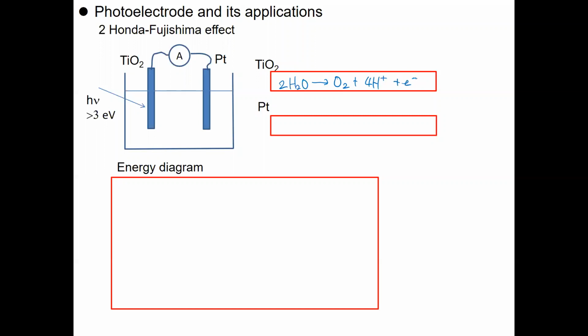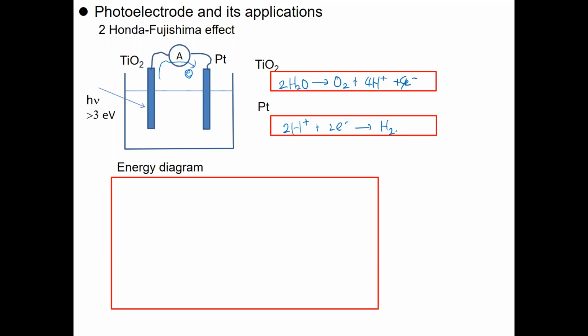On the other hand, this electron is coming to the platinum side, and at the platinum side, using this electron, hydrogen was generated. This is the first demonstration of photocatalytic water splitting.